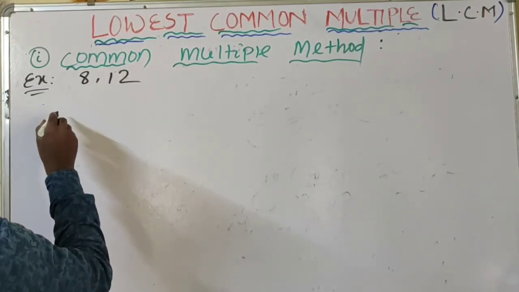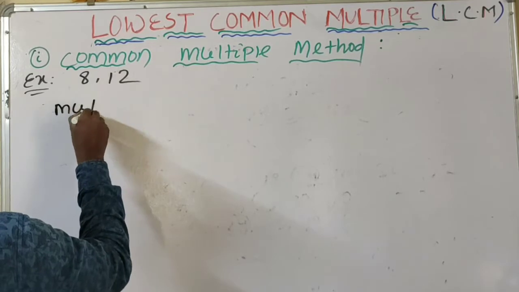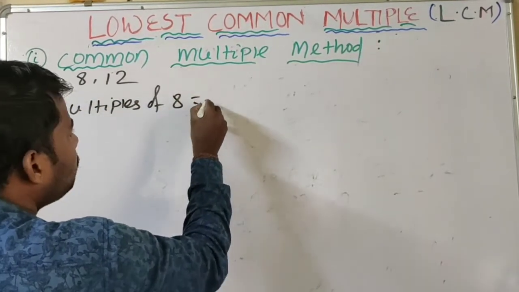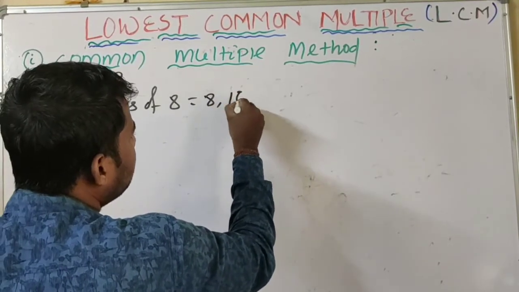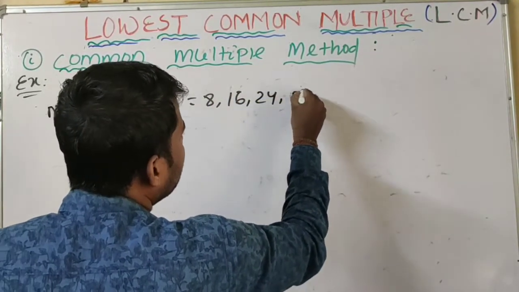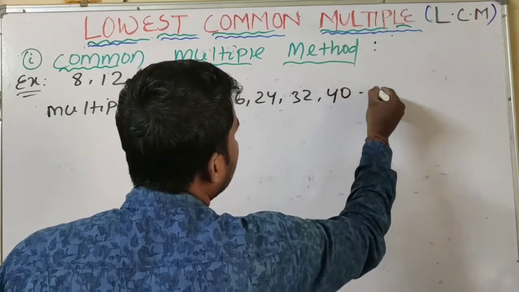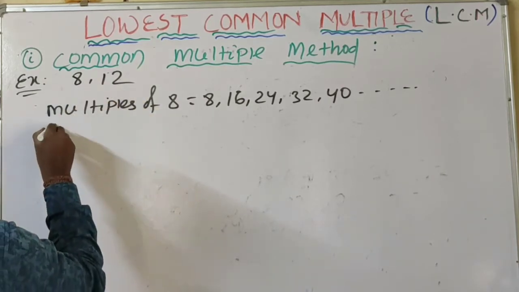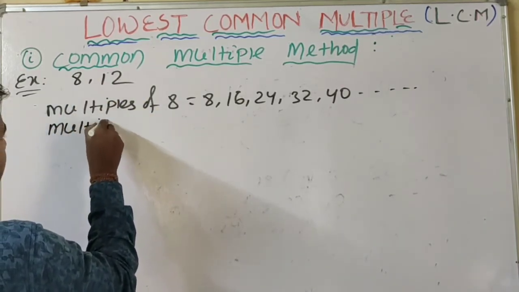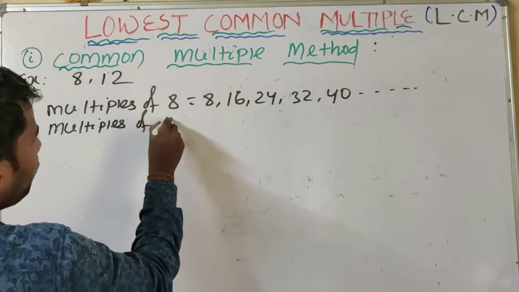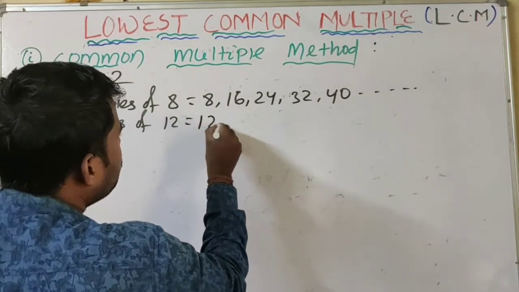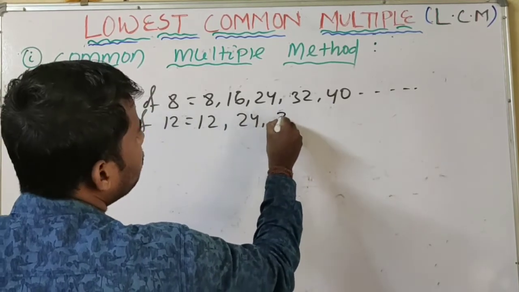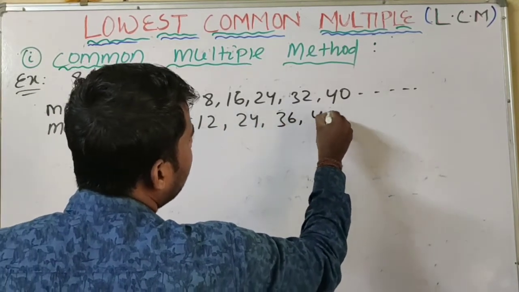Multiples of 8 are 8, 16, 24, 32, 40. Then some multiples of 12 are 12, 24, 36, 48, etc.